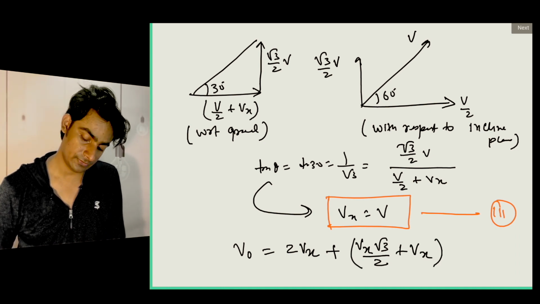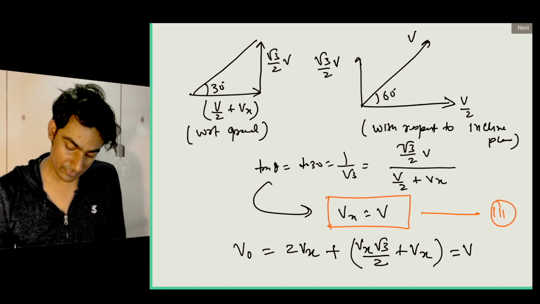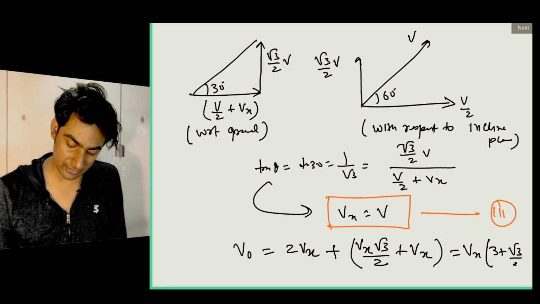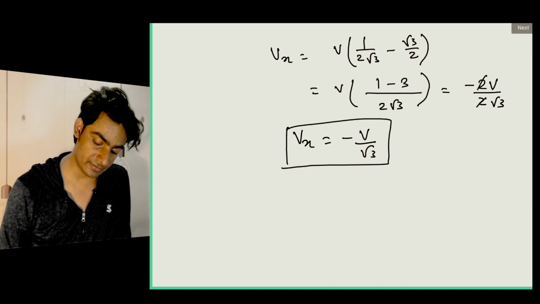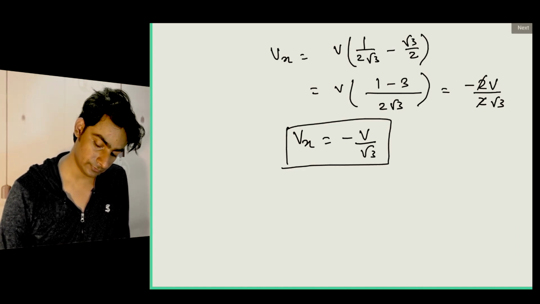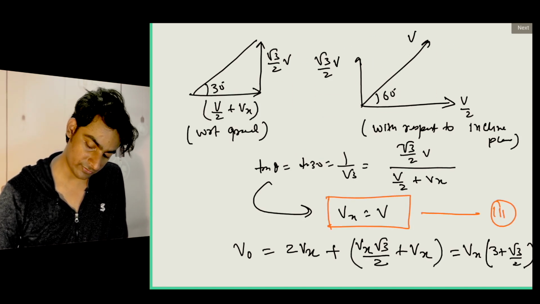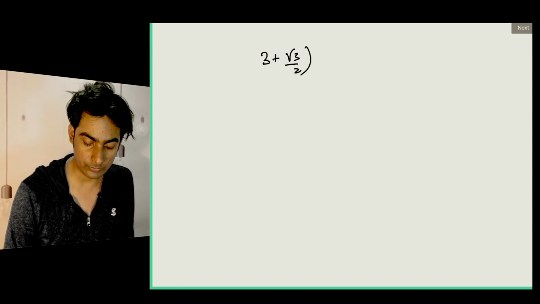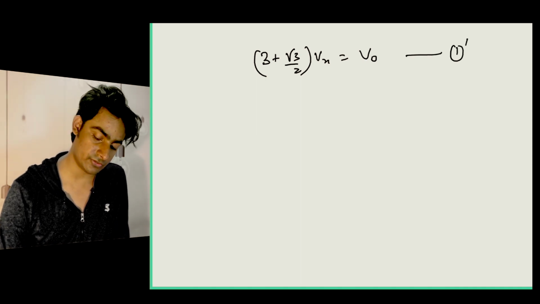Okay, so now we have vx common, so (3 plus root 3 by 2) into vx equals v0. This is our first dash equation.